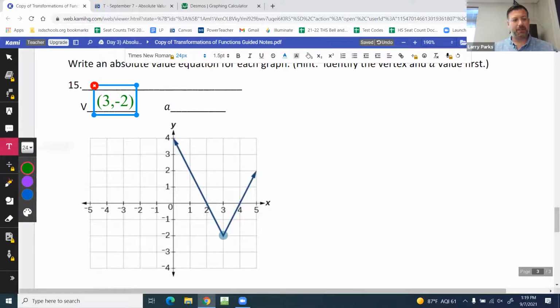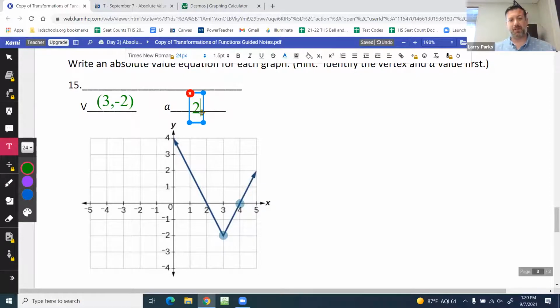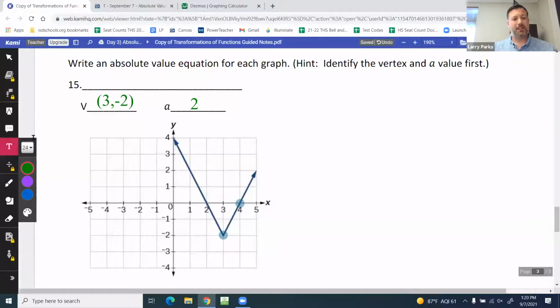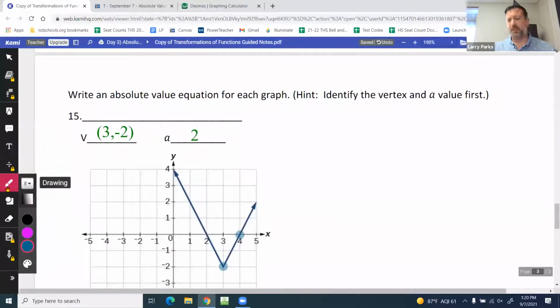What's my a value? It's kind of like your slope. So going from here to the next point, that would be the next point right there. So it looks like it's up 2 over 1, so that'd be 2. So for a value, I'd say 2. Now from there, yep, they're using y equals. You're going to be using F equals, but we could use Y. So let's see. We would have, I'm going to put it over here.